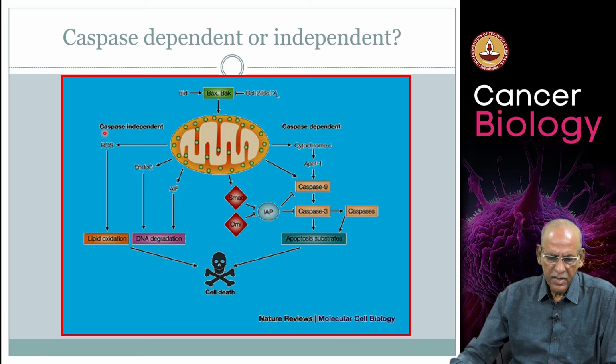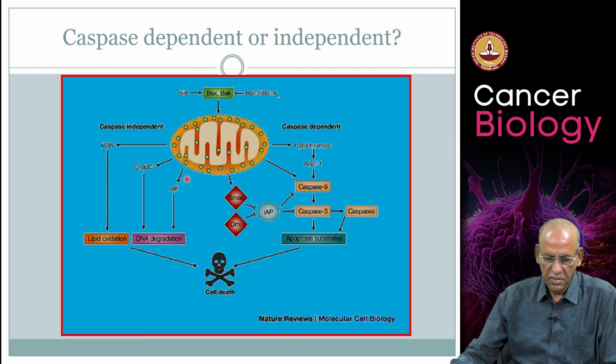Similarly, reactive oxygen species can oxidize the lipid components in the membrane and other components of the cell, and that can also ultimately initiate cell death. There is one more factor which was discovered in France, apoptosis inducing factor.